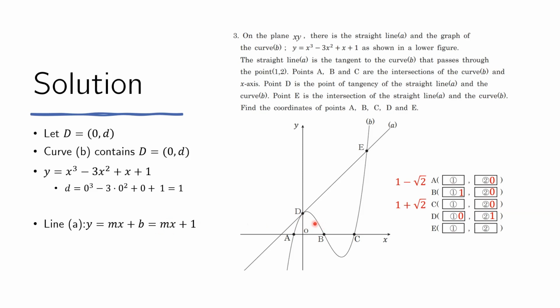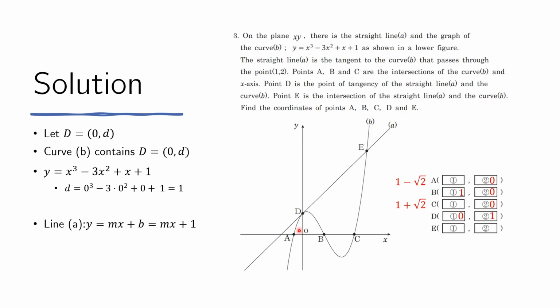Now we know that m, being a tangent, d being the tangent point or point of tangency between the curve and the line, we know that m is the derivative of this curve at this very point, d.